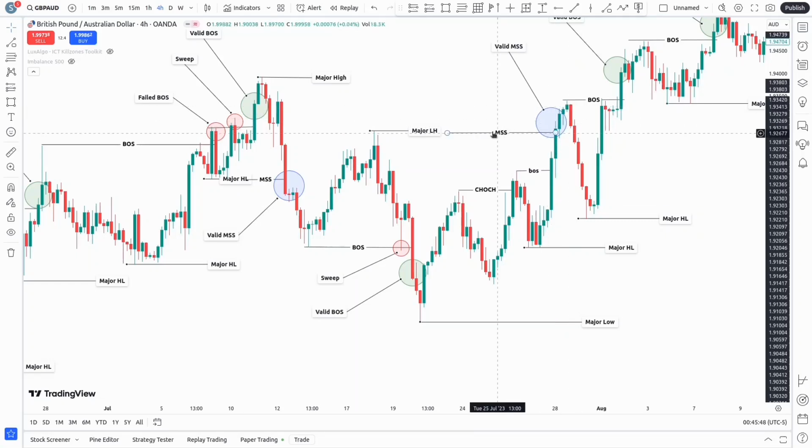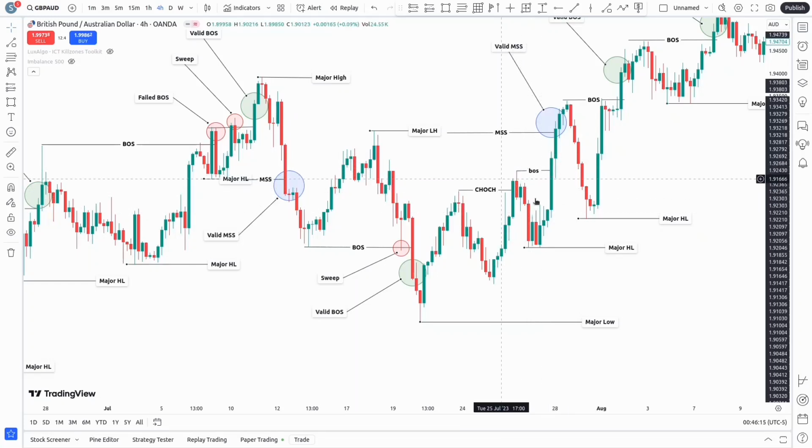We now have a valid market structure shift. What happens to this point is a substructure, an internal structure, a mini trend that can still be traded on a lower time frame, especially when you start seeing this change of character.